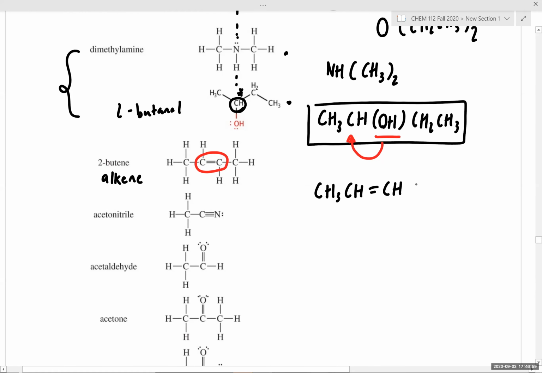So let's try to get some responses for the condensed formula for acetonitrile. Yep, the structure I see in the chat looks good.